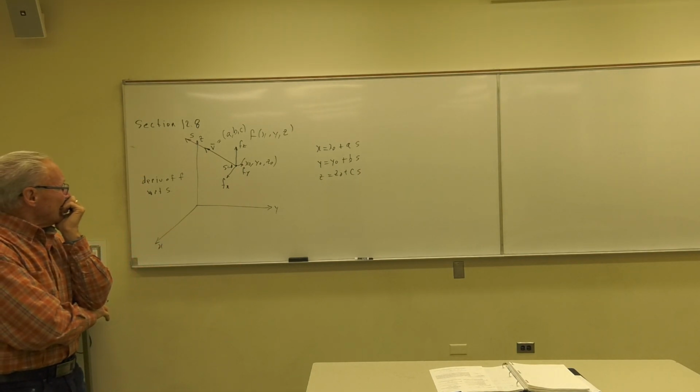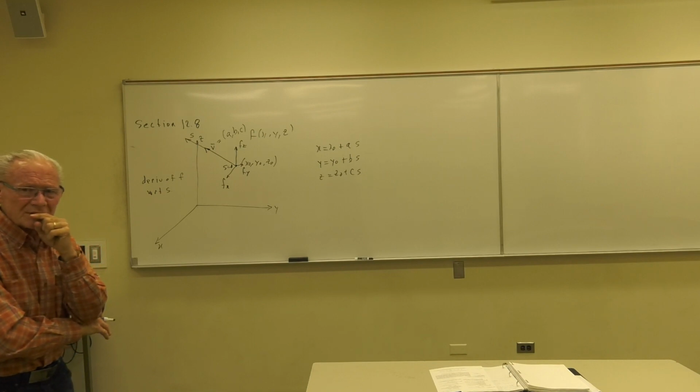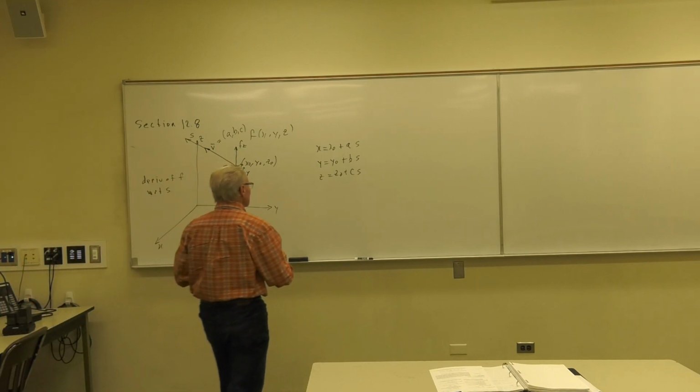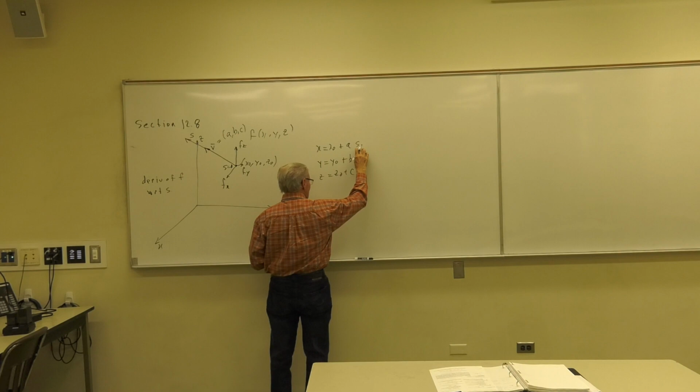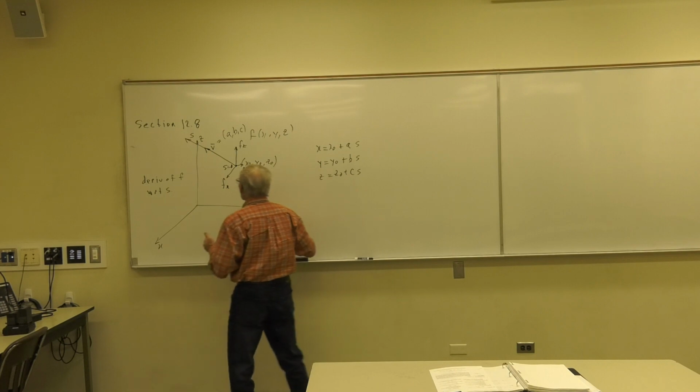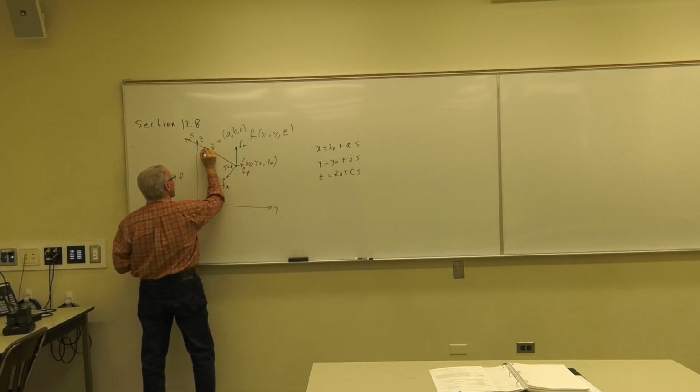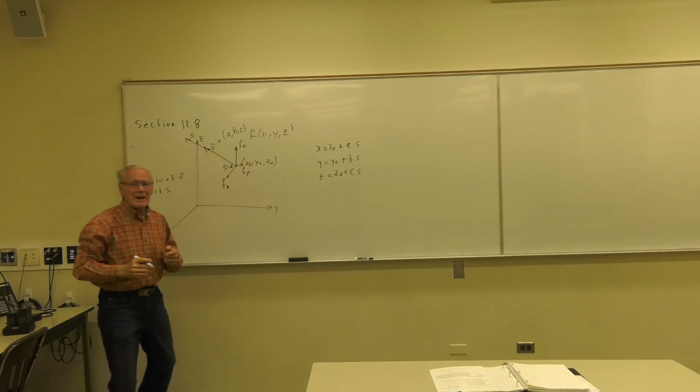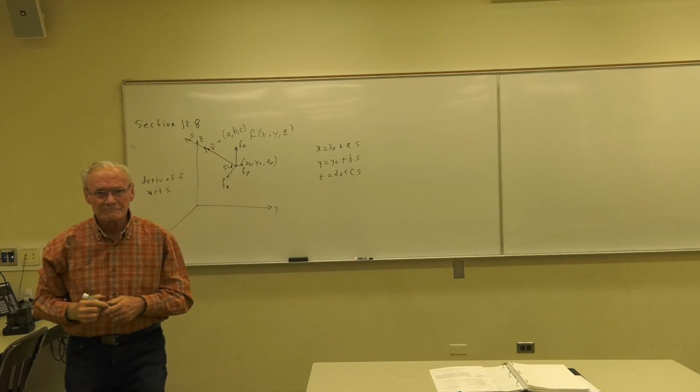The problem is, with these parametric equations, if I put in s equal to 1, where am I going to be? I'd have x0 plus a, y0 plus b, z0 plus c. Would you agree that would be that dot right there at the end of v?